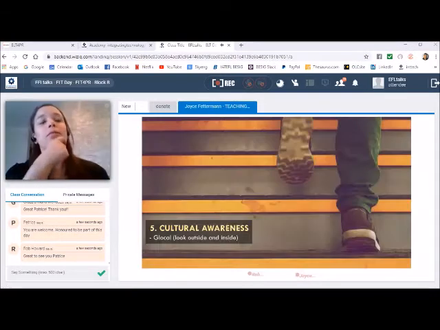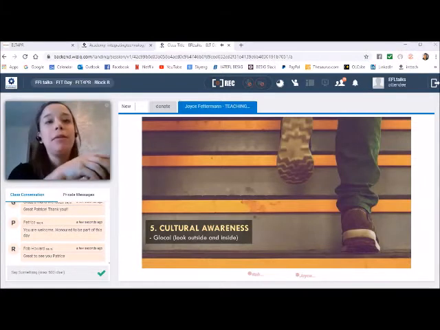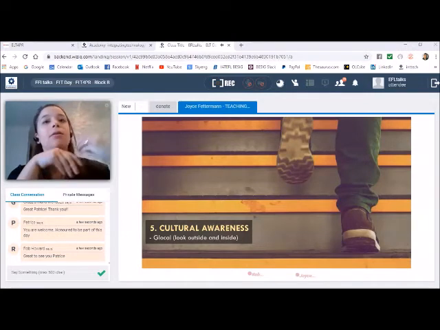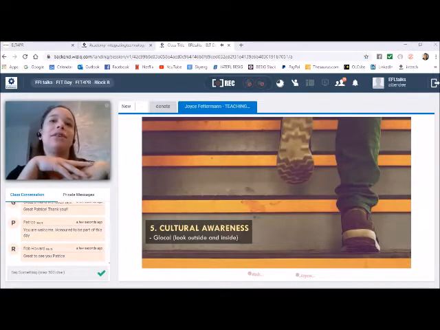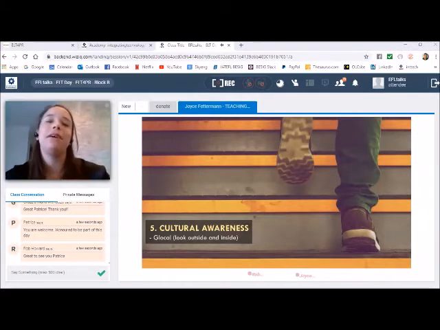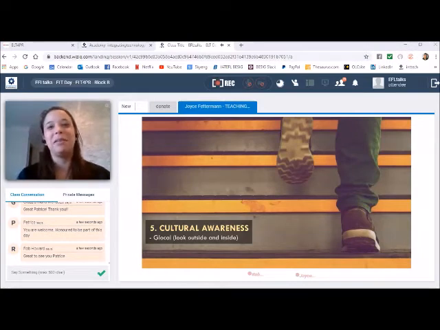The next point would be cultural awareness, which is very important to encourage students to look not just outside, but mainly inside, to consider their culture. I don't know in the other countries, but here in Brazil, it is very common to value a lot what comes from the outside.